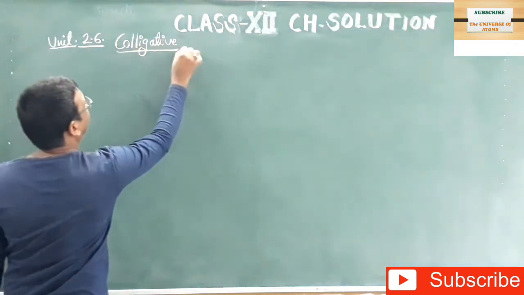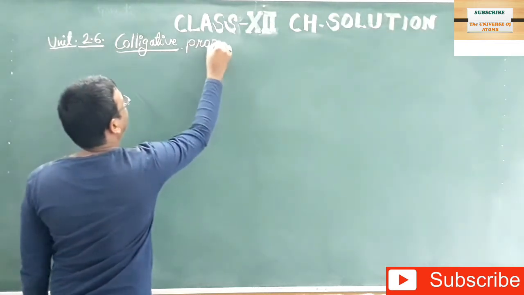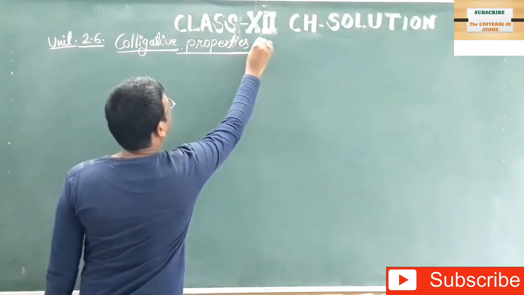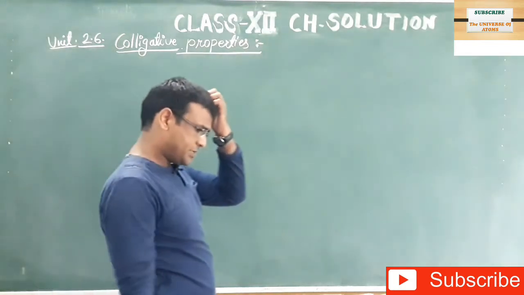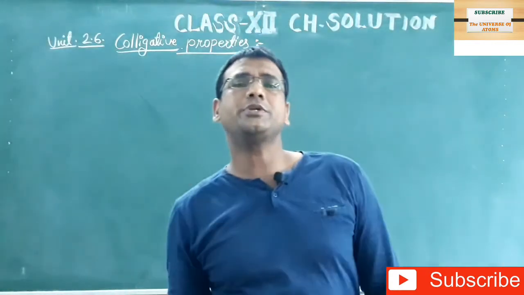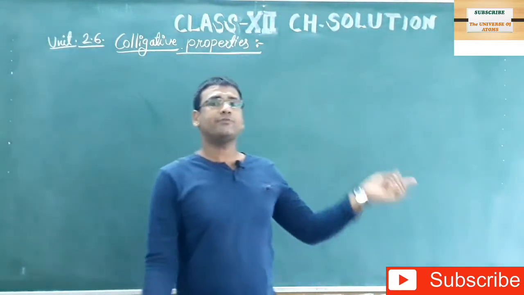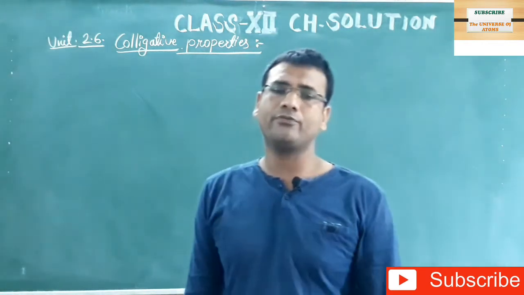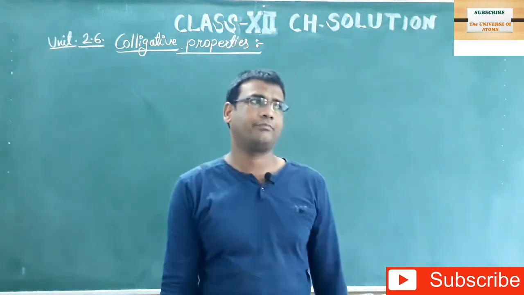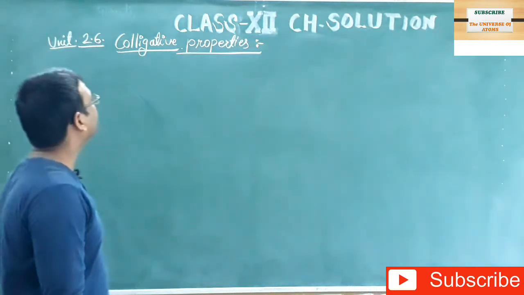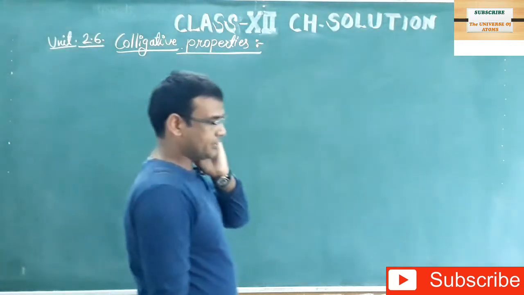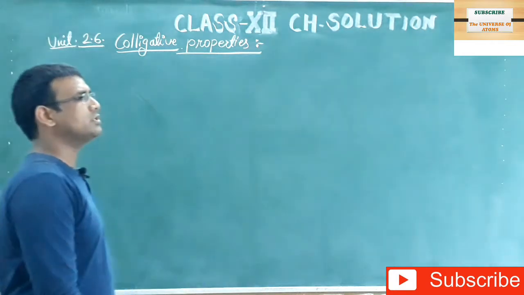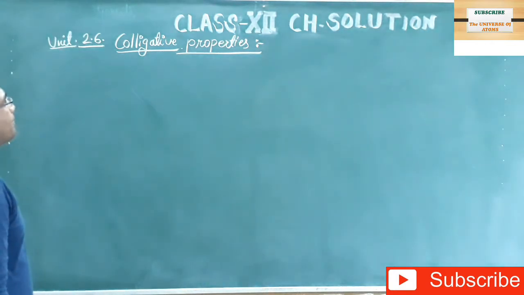Students, to better understand this unit, you should know the concept of vapor pressure, the concept of vapor pressure of solutions, and the concept of azeotrope also. So before proceeding with this unit, you should watch the previous video also, so that you can understand it in a better way.